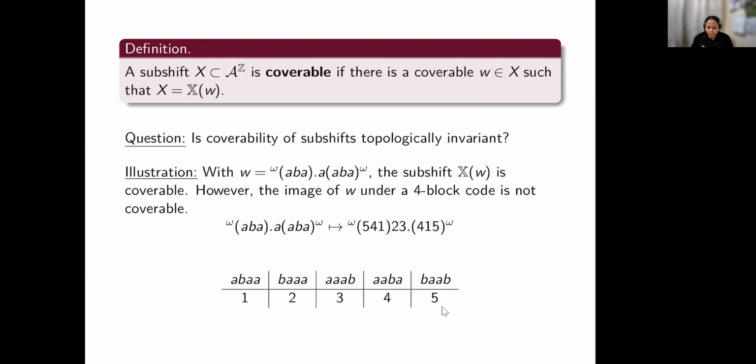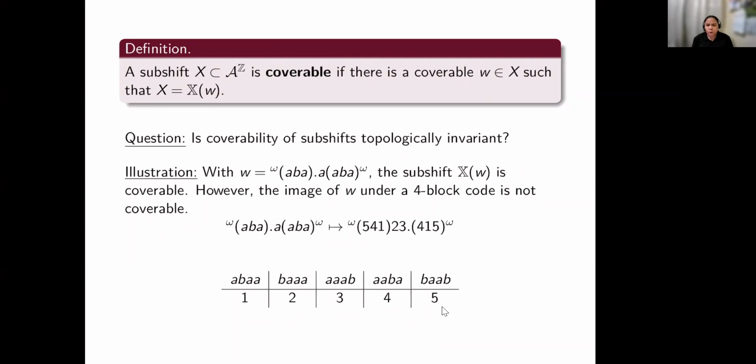So we have here a bi-infinite sequence W. This is AAB coverable. And so by the previous result, the subshift it generates should be ABA coverable as well.